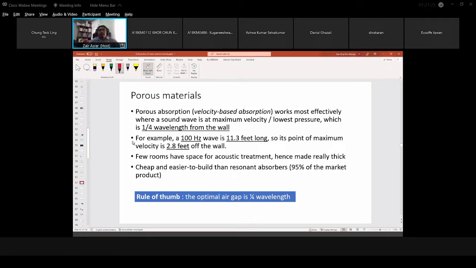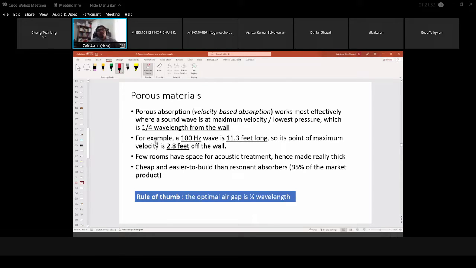Okay, so if we put the absorption material at a certain distance from the wall, we can also increase its effectiveness, based on our understanding that the energy will be reduced mostly when we are absorbing at the location where the velocity is the highest.